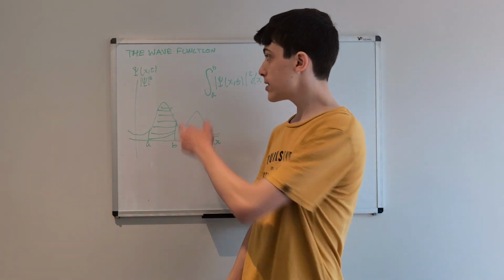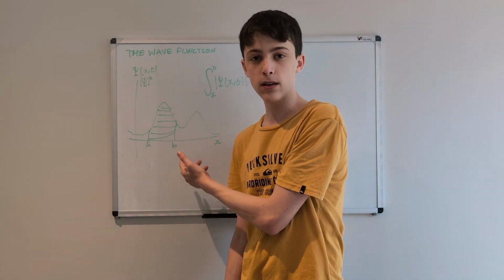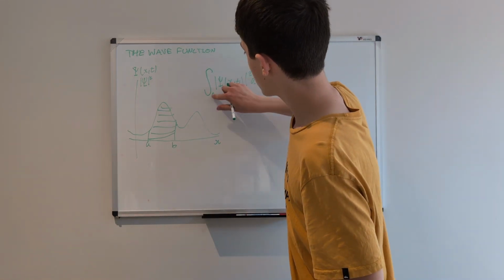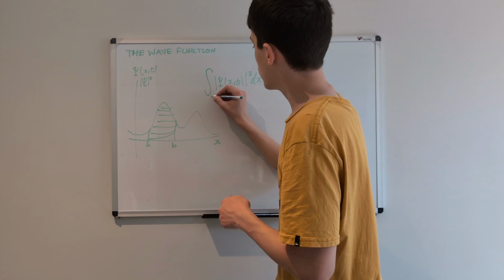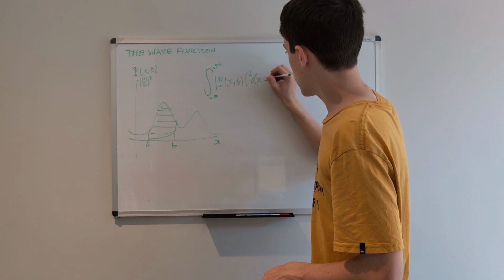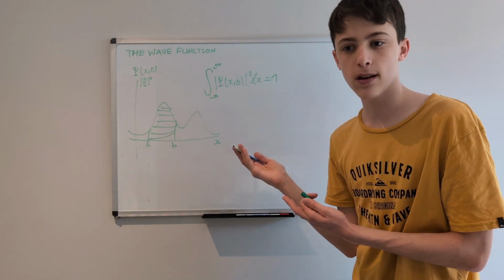Okay? So in this case, this is a continuous probability graph, so the area under it should be 1. So if we integrate between negative infinity and positive infinity, we should be able to write this statement right here.